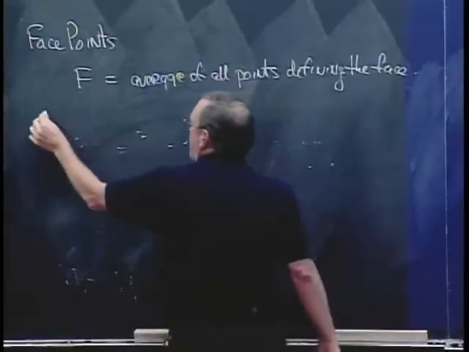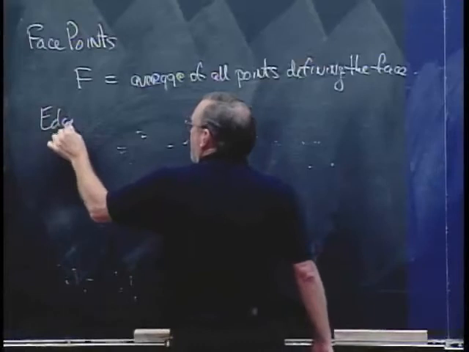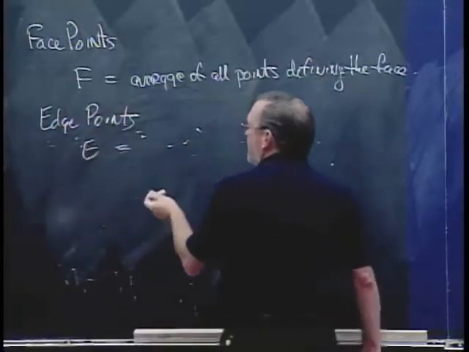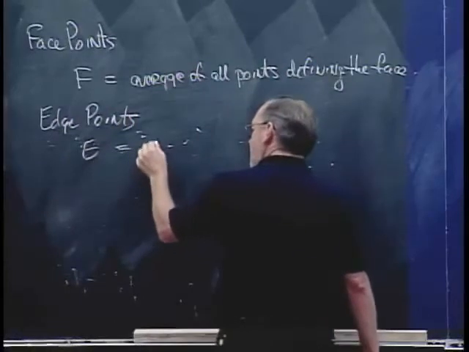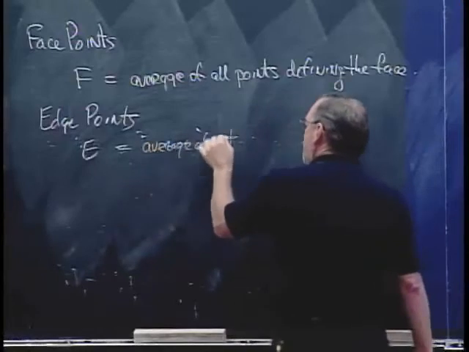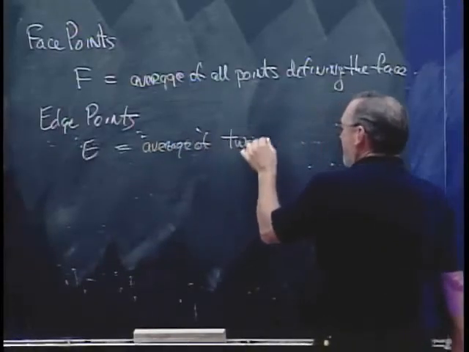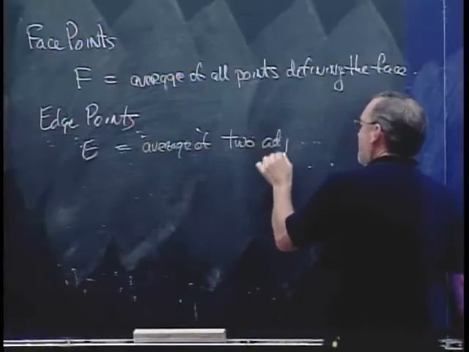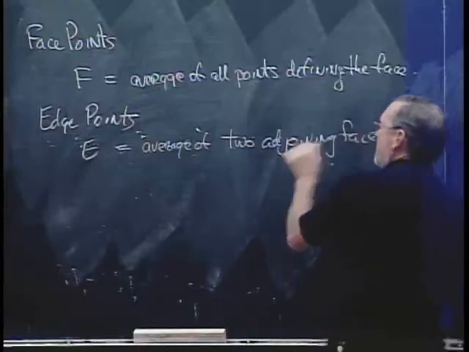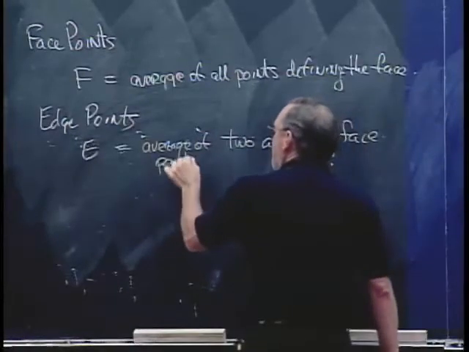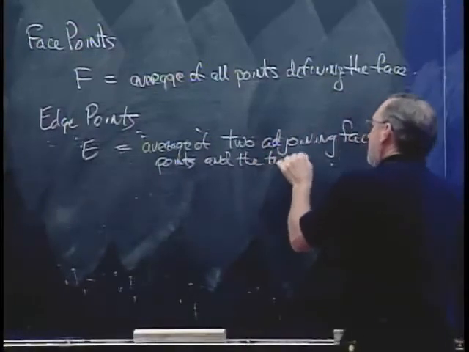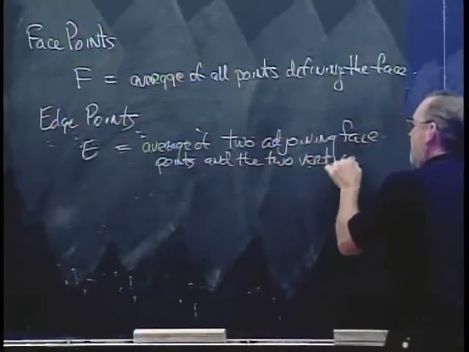You get edge points, E. These are the average of the 2 adjoining faces and the 2 vertices that define the edge.